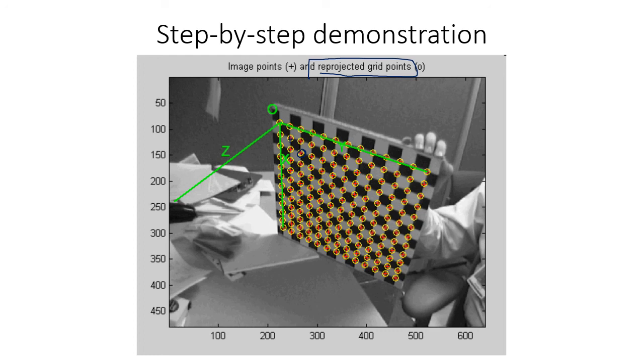There may be some error in some points, but usually all points coincide, right? This red cross and these yellow circles coincide. It means that the calibration process estimating the camera matrix is accurately done, right?